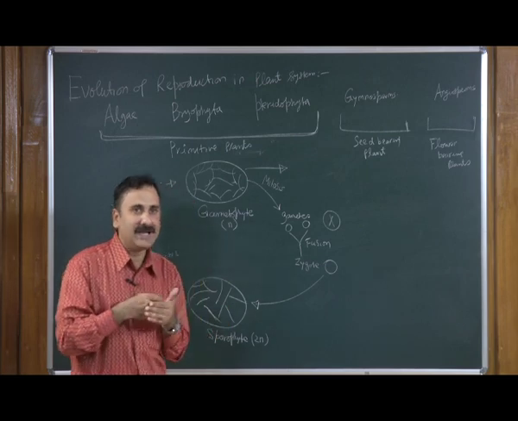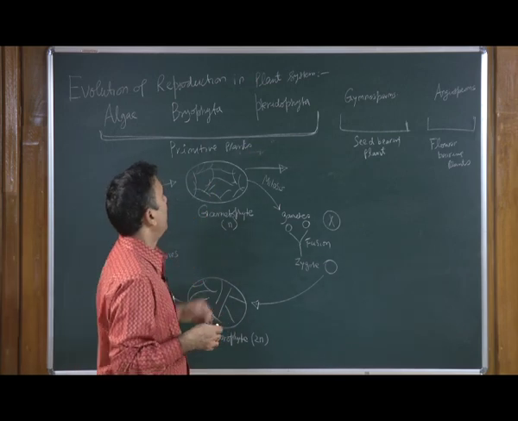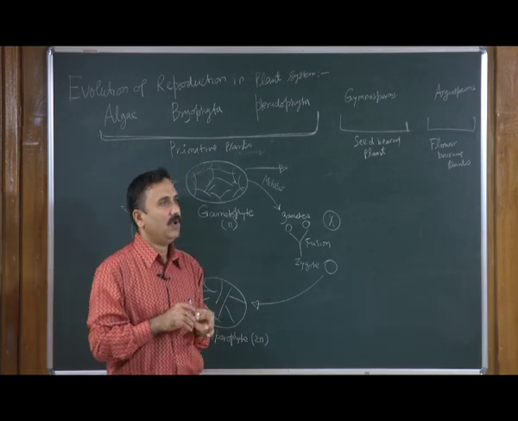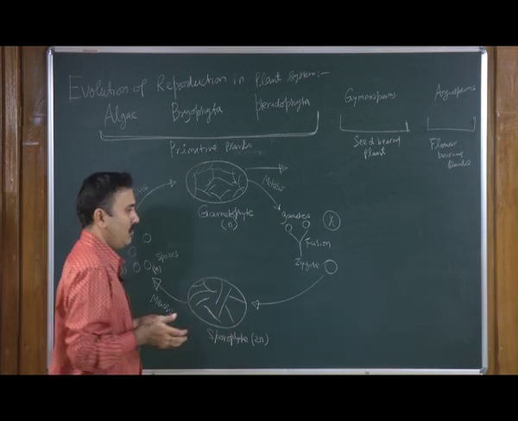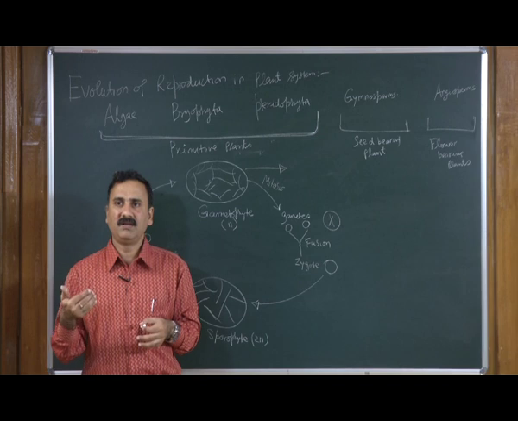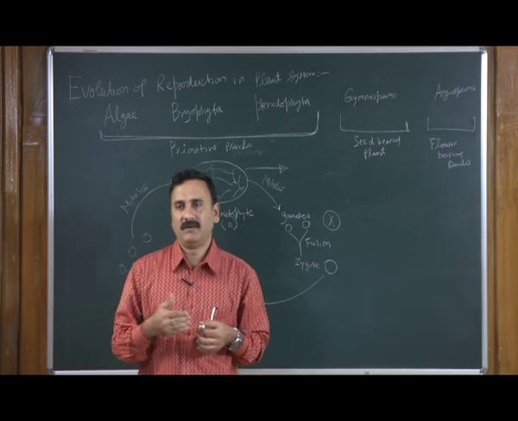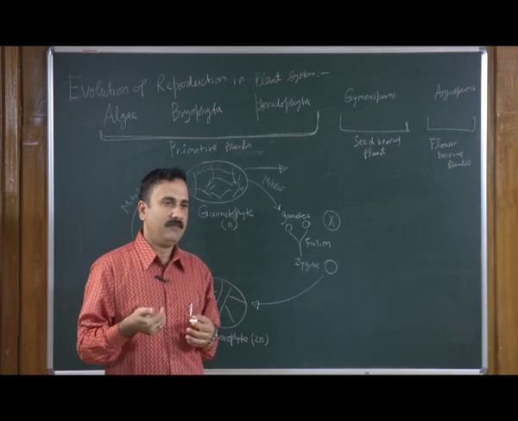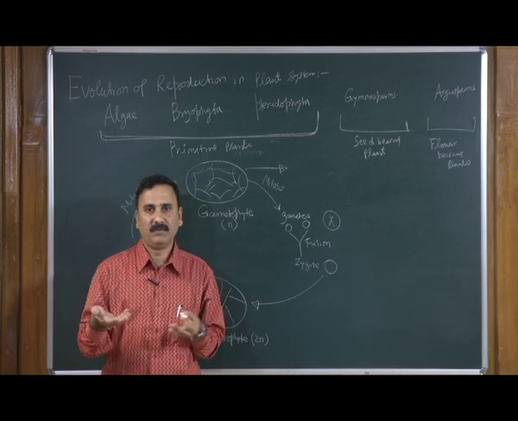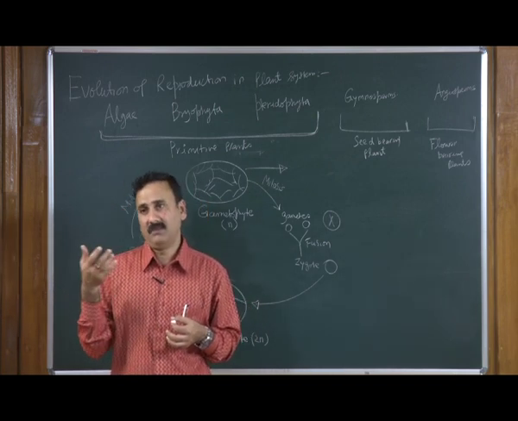Because of that, maintaining the sexual reproduction cycle in these kinds of plants is very limited. So, most of these plants go for the asexual mode or vegetative propagation. Because the sexual reproduction is still in a very primitive state, there are more chances of failure than getting a very well defined, very specialized machinery that could work in an efficient manner and give you success in terms of sexual reproduction.